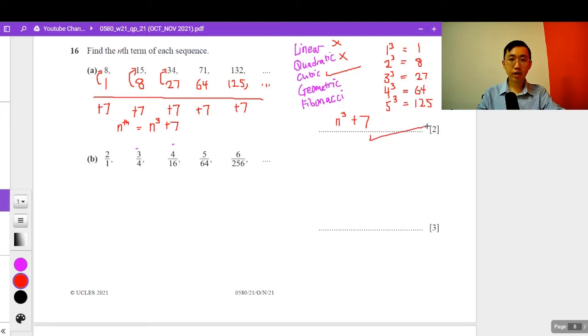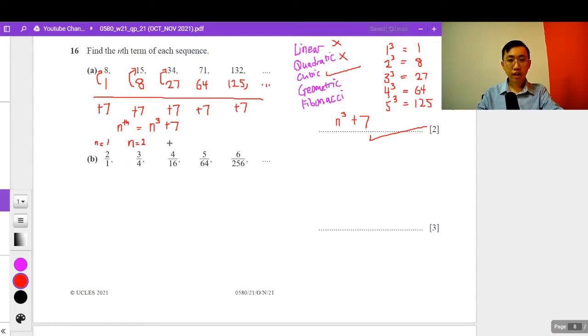So this is correct. Alright, so for fraction, question B is slightly more challenging because you need to know a few things. Alright, number 1, you need to know that each of these terms has its own positioning, right? We call it n equals to 1 for positioning number 1, n equals to 2 for this position, right?